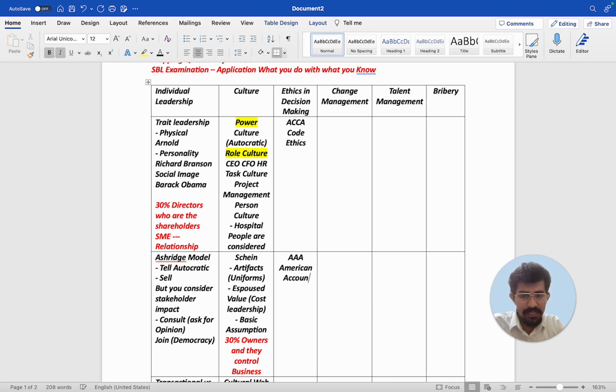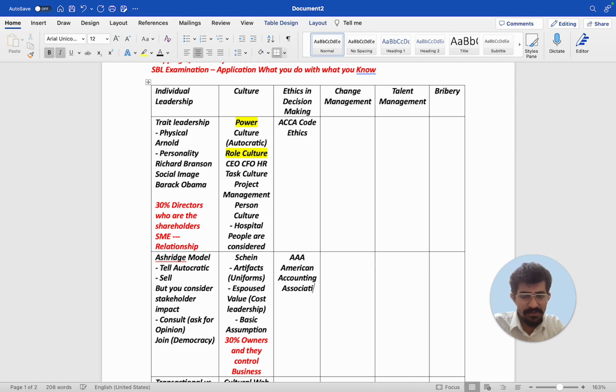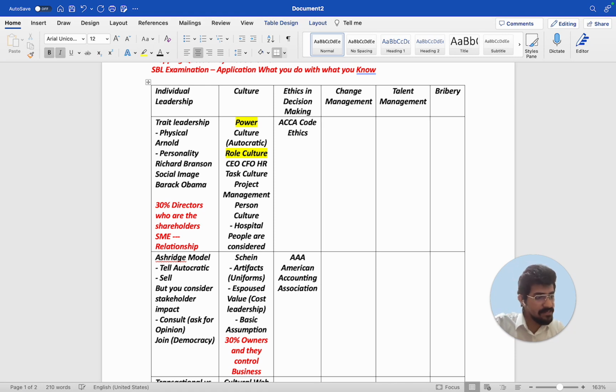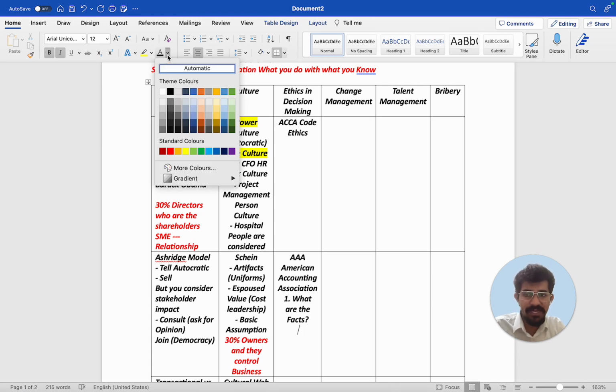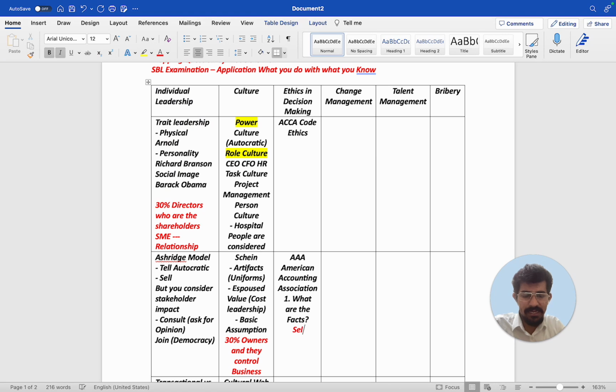These are the questions to ask for ethical decision making. The first thing is: what are the facts? You have to understand the facts. For example, you are going to sell company data. I'll write down here: selling company data. That is a fact.